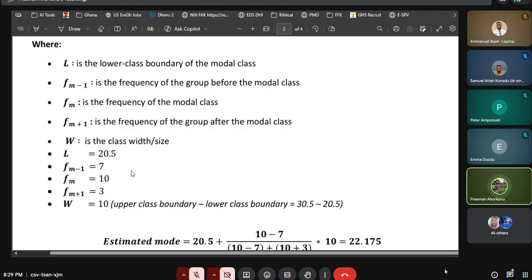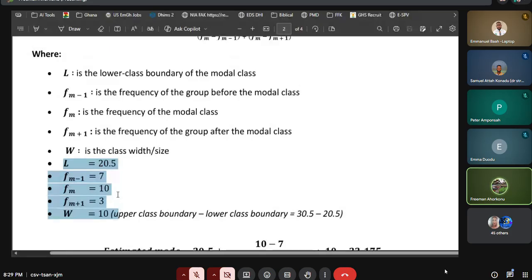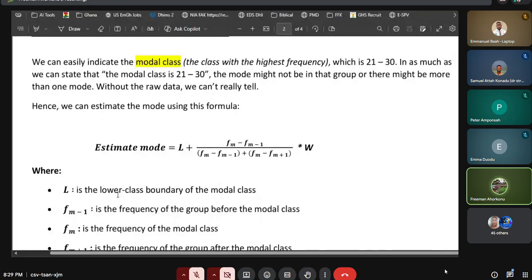There are 10 numbers there. So the class size is what? 10. The class size is 10. So once you are able to get all these things, you just go back and put them into the formula one after the other. Then the rest, you use a calculator and punch everything. You're gone.